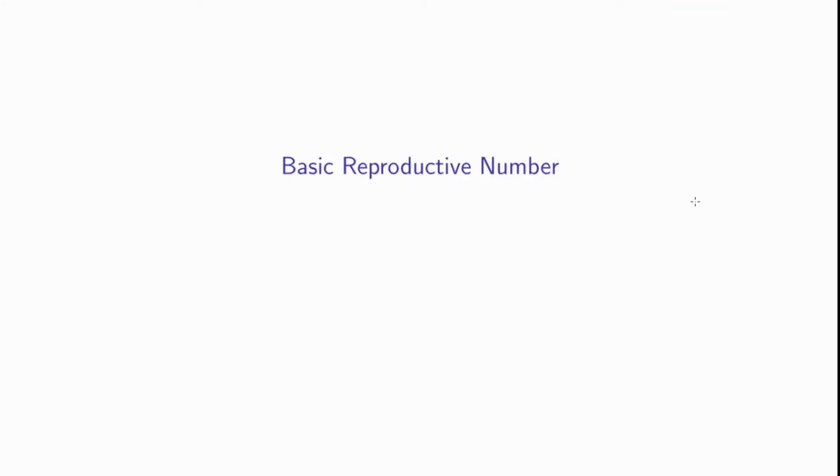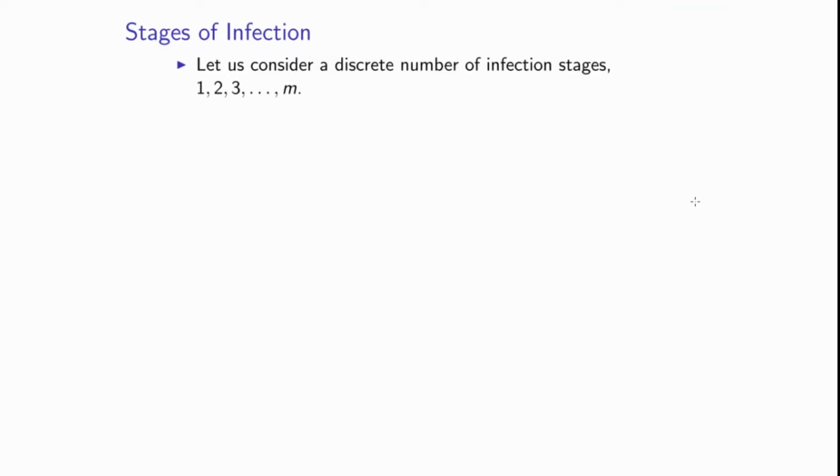Okay, so before we talk in specific detail on an operator, we are going to spend some time connecting with material that you were briefed on recently that has to do with matrix models. So now we're going to use a matrix model to describe the evolution of infection in a population, and we're going to make a distinction: we want to consider stages of infection.